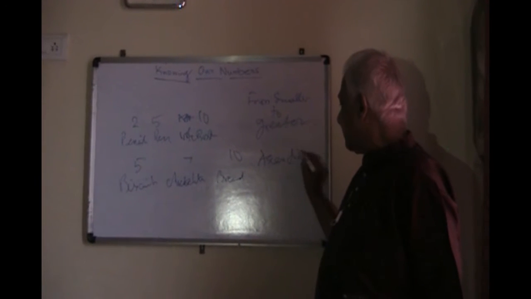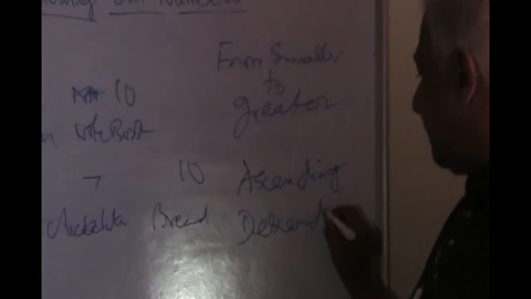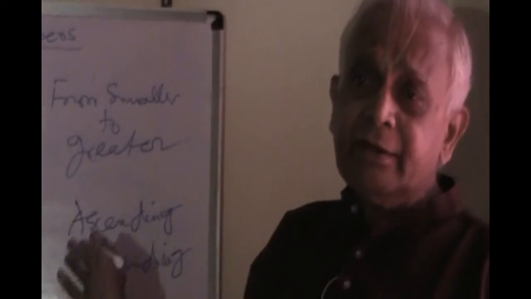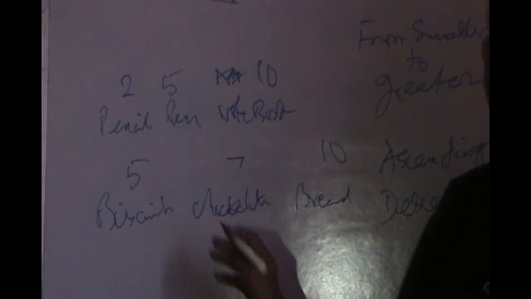First ascending order, second is descending order. So it will be the reverse of it, starting from the greater value to the smaller value. Example, in the first 10, 5 and 2. The next one, it is 10, 7 and 5.